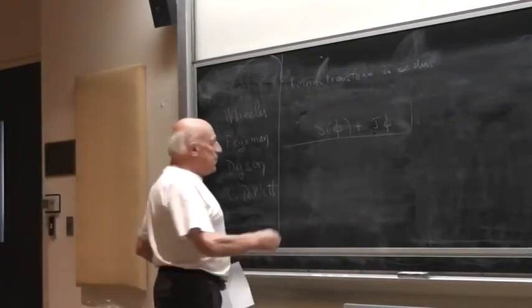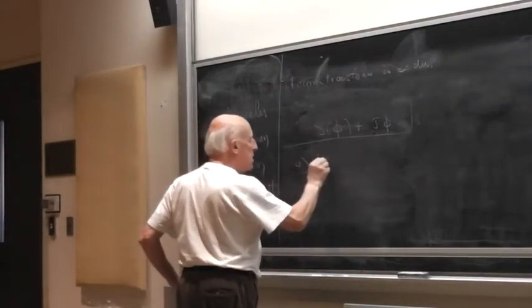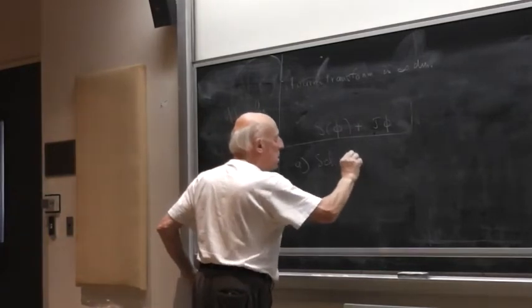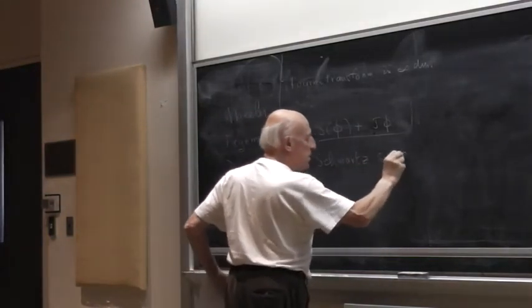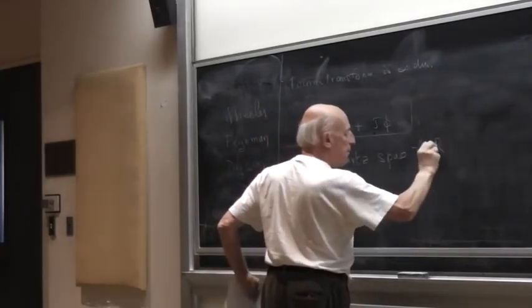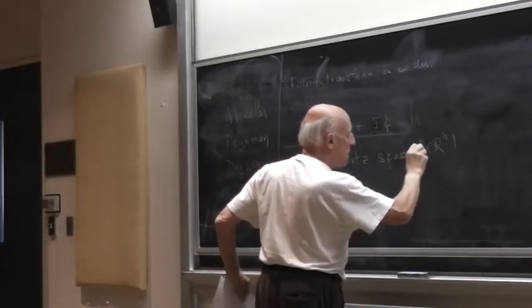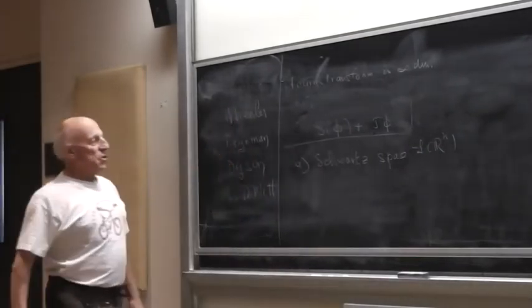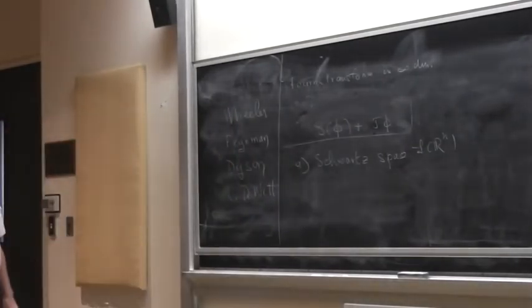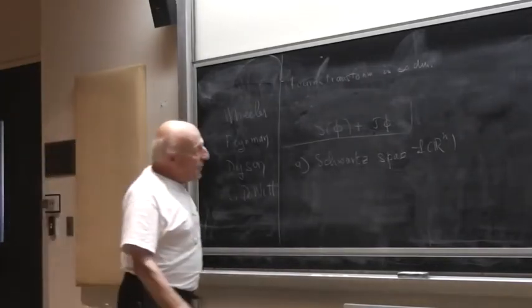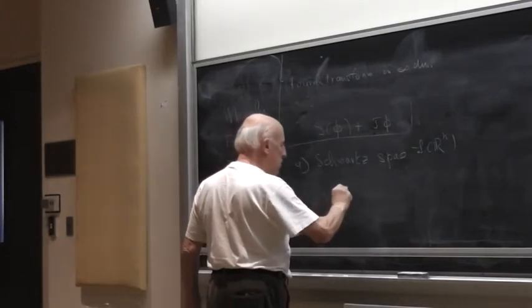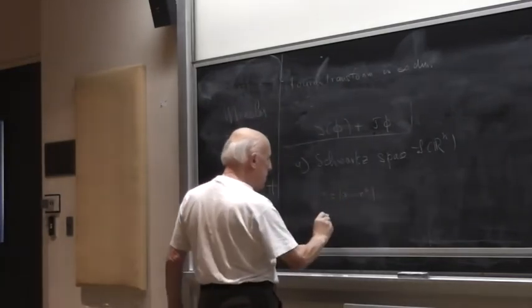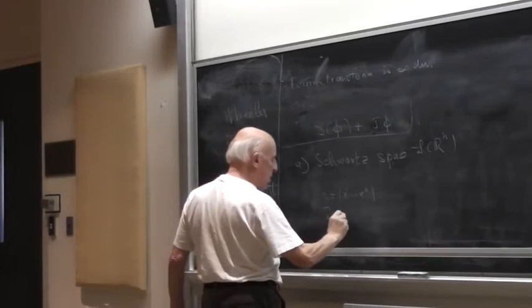But the first point is the Schwartz space S of R^n, named after Laurent Schwartz. In n dimensions you have a vector x with coordinates x1, ..., xn, and the corresponding first order partial derivatives are called d1, ..., dn.